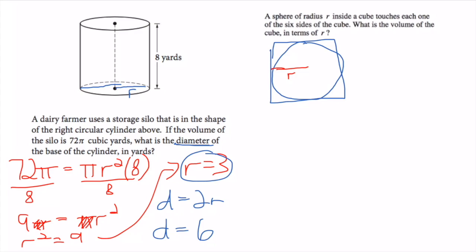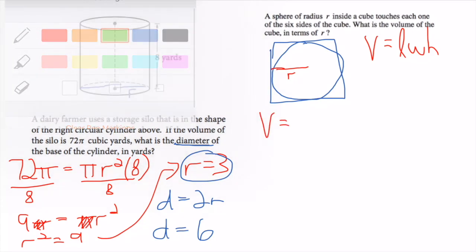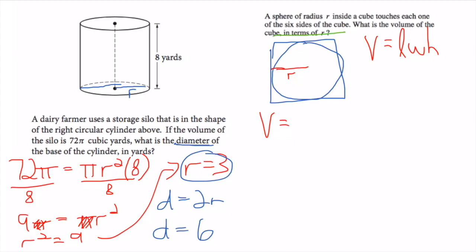The volume of a cube is again length times width times height, and in this case they're all the same. So this whole length here is r, and we have another r on the other side. So our whole length is 2r.